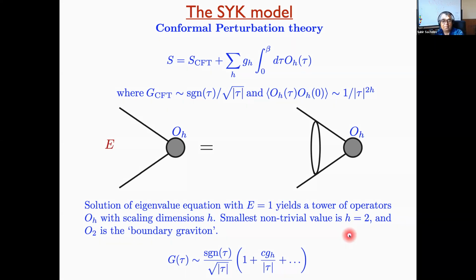So Subir, the claim is that in this eigenvalue equation, only certain values of H can contribute, and H equals 2 is the lowest one. Do you know what should be the subleading ones? What subleading H can contribute to this? I will show it to you. Absolutely, I will show you.